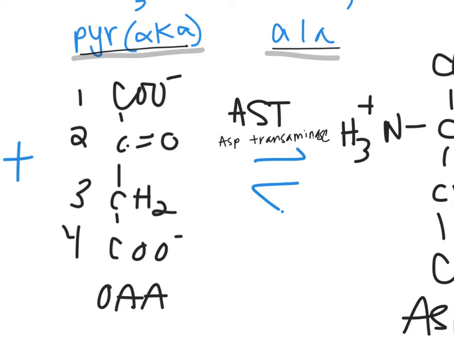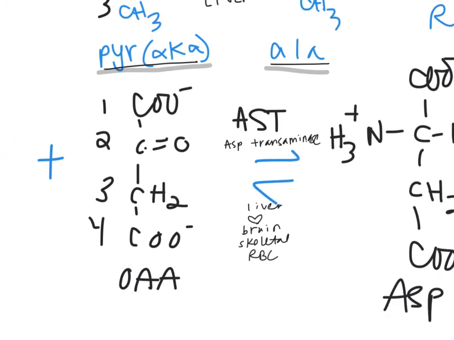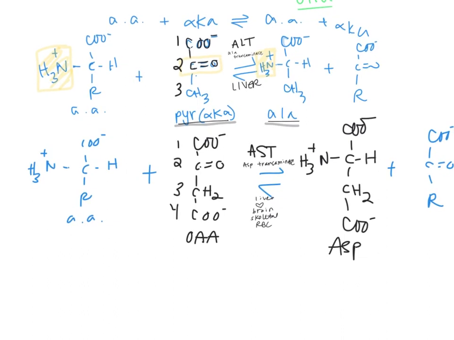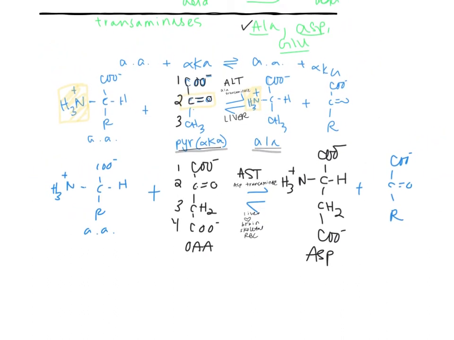And this enzyme is found in lots of cells, like pretty much all cell types that you can think of. It's found in the liver, it's found in the heart, it's found in the brain, skeletal muscle, red blood cells. It's a very ubiquitous enzyme.